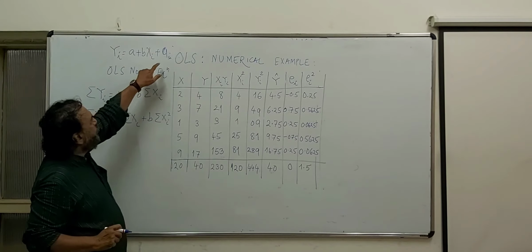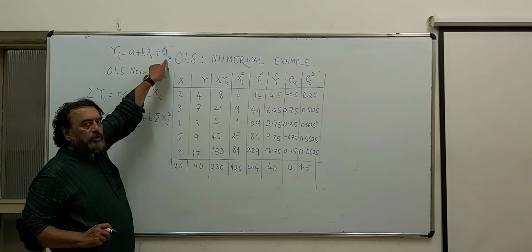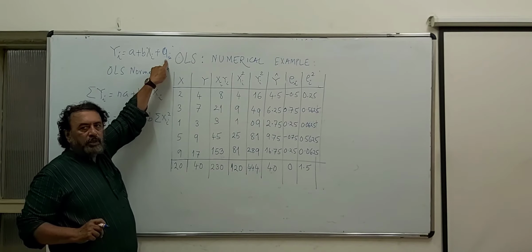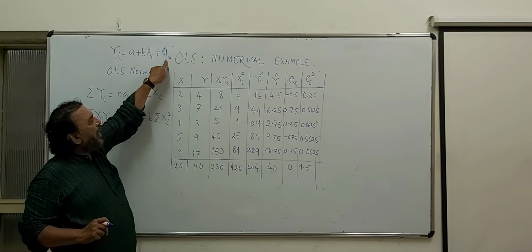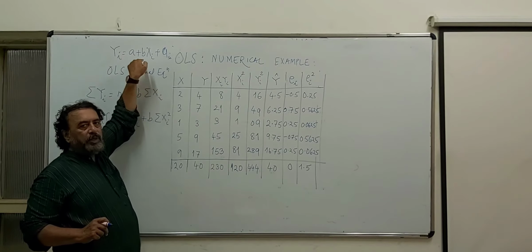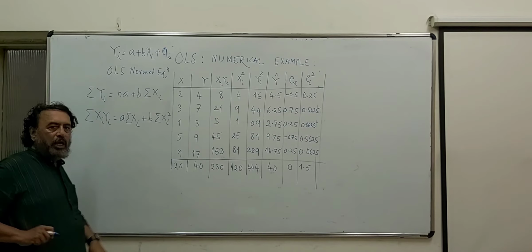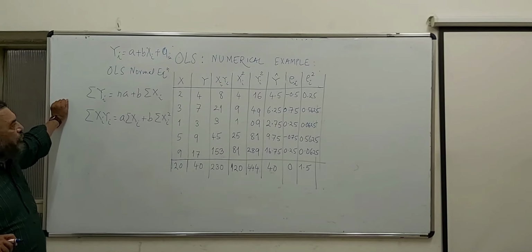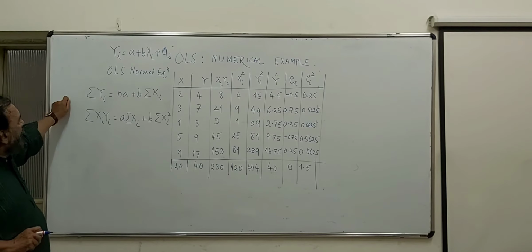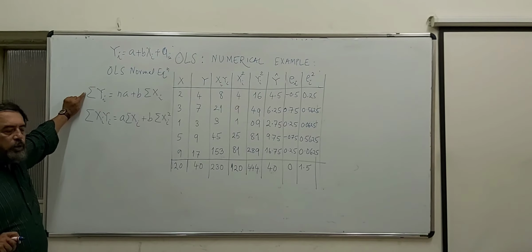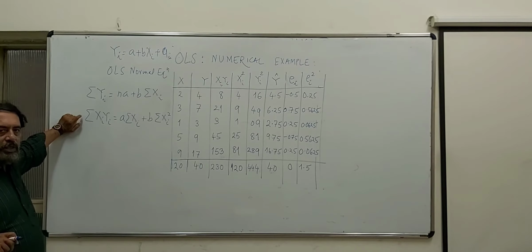So if we want to choose that the square of the random term summed up is to be minimum, what kind of an a should exist and what kind of a b should exist? Therefore, we solved it using the elementary results of the derivative, that the first derivative should be set equal to 0 when we minimize something, and we get this condition with respect to a, and this condition with respect to differentiation of summation ui square with respect to b.